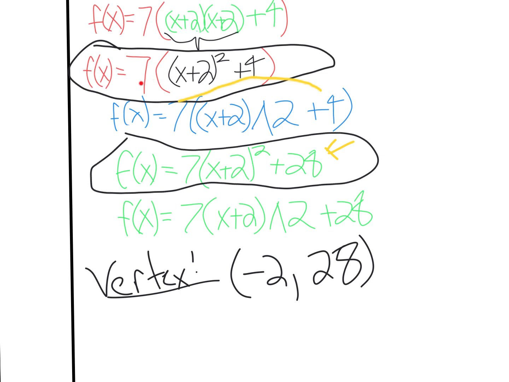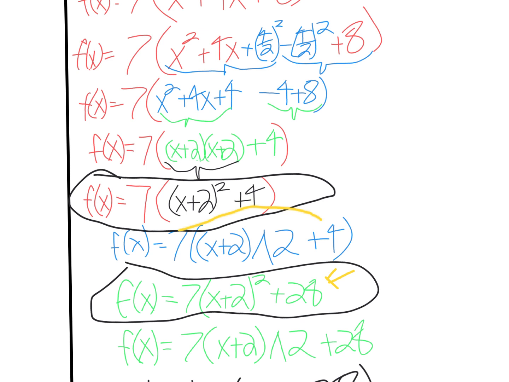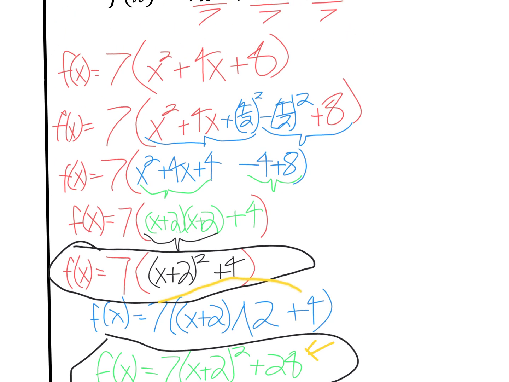All right, and so if you were looking at the non-distributed form, you would just have to know to do 7 times the 4. The best reason I can think of as to why you wouldn't distribute the 7 times x plus 2 squared is you'd first have to distribute x plus 2 squared and turn it into that, and then you would go backwards.